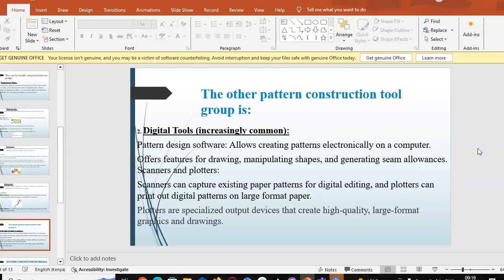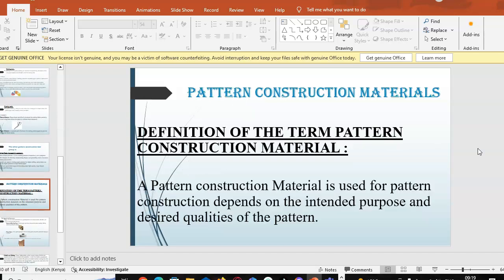Scanners capture existing paper patterns for digital editing, and plotters can print out digital patterns on large format paper. Plotters are specialized outputs that create high quality, large format graphics and drawings.